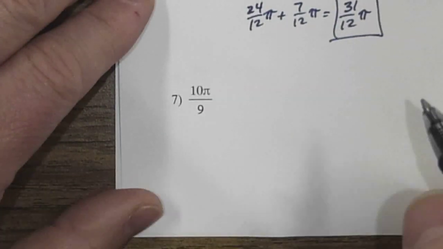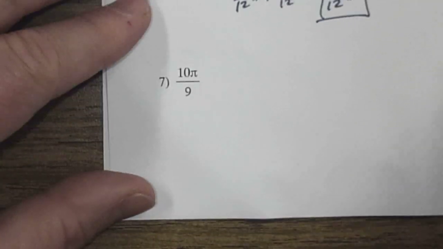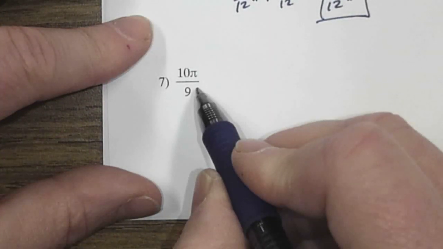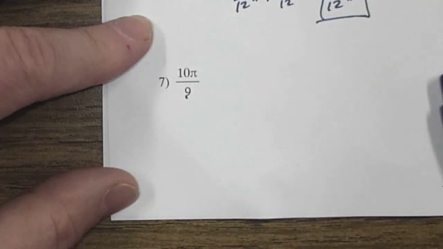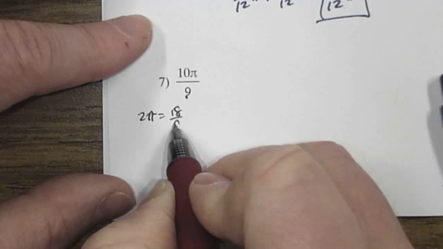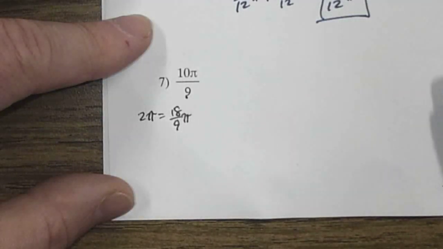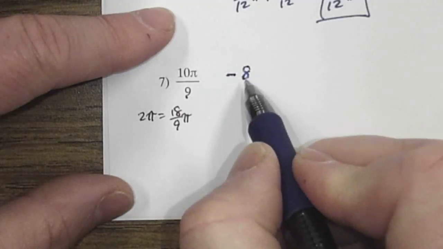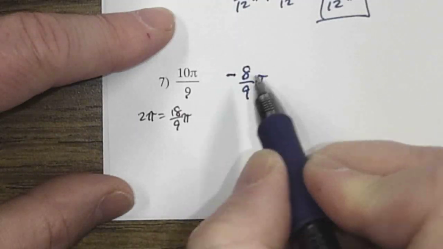Two more. Then we'll finish up coterminal. All right, coterminal to here. Well, here's my denominator, so immediately I'm thinking 2 pi is 18 over 9, right? So that means my other coterminal is negative 8 over 9. Why?